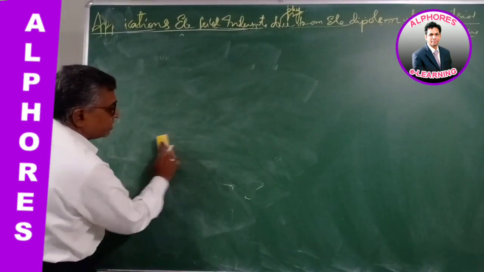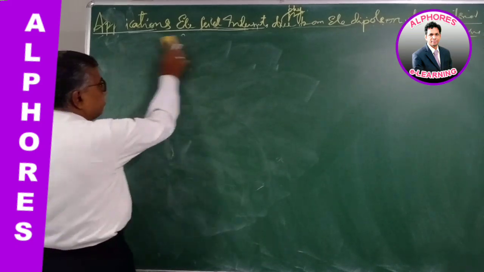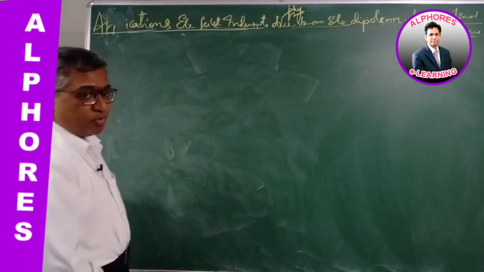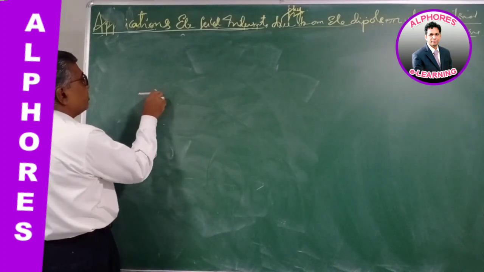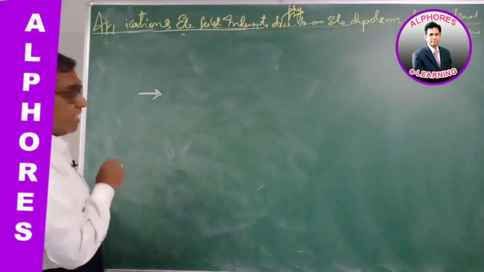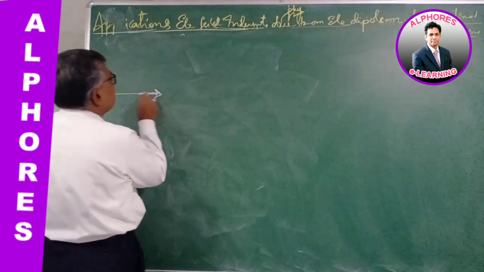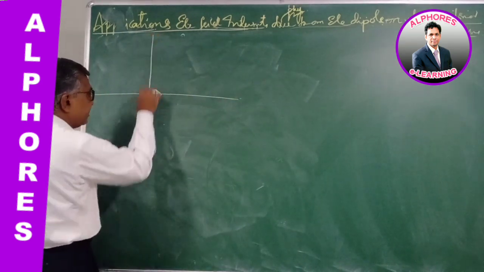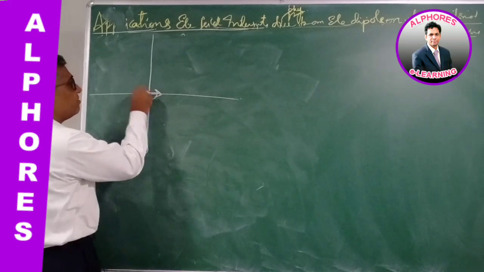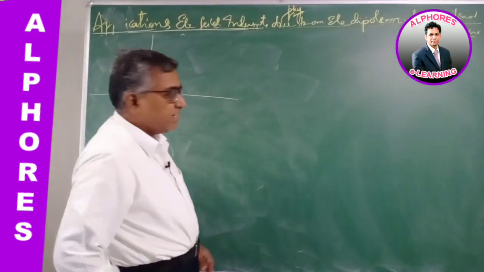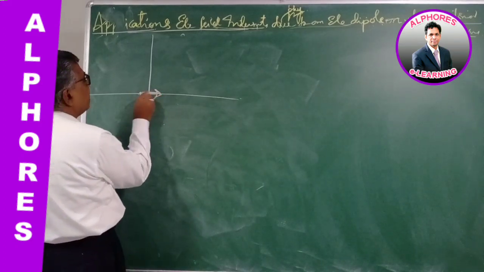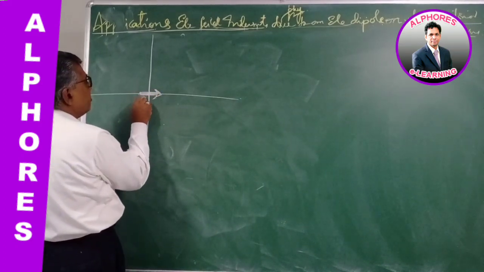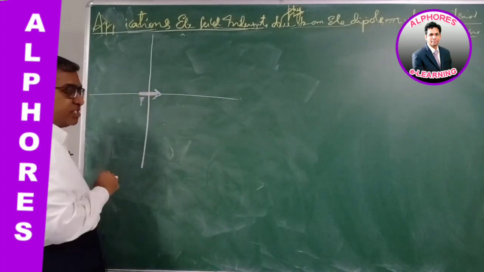And another question. Now suppose there is a short dipole. A short dipole is placed at the origin of the xy plane. It's a Cartesian 2D plane. Its dipole moment is P, placed at the origin.